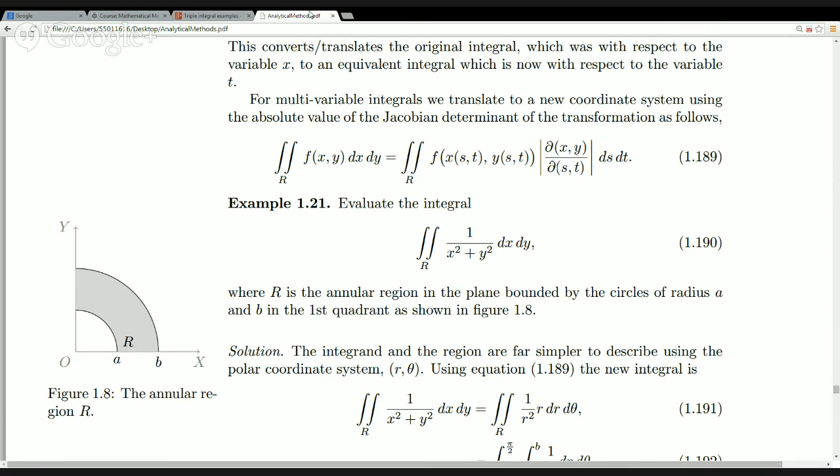Okay, i.e. the density could be written as some function like this, for some constant k.